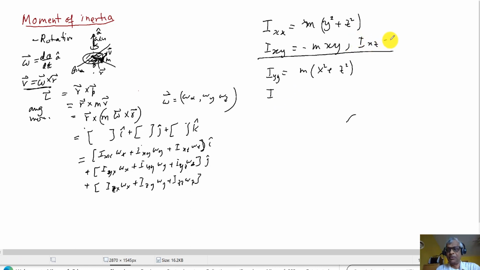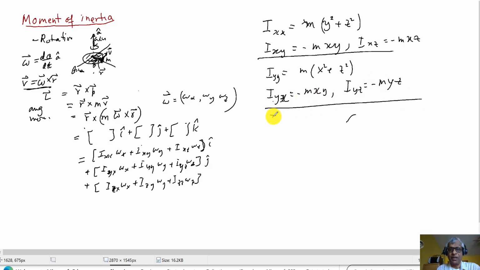I xz equals minus m x z, and I yx will be minus m x y. It is symmetric. I yz equals minus m y z, and I zz is going to be again made of the other two: m times x square plus y square.